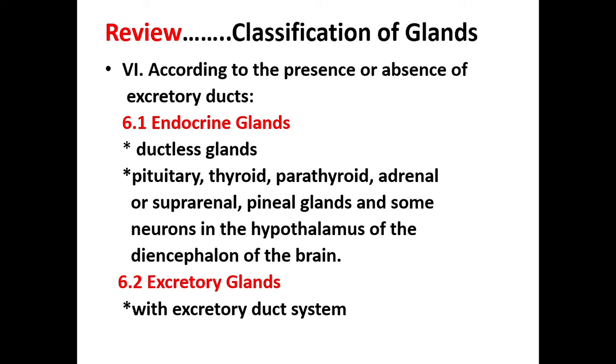Endocrine glands are ductless glands and they are found in the pituitary, thyroid, parathyroid, adrenal or suprarenal glands, pineal gland, and some neurons in the hypothalamus of the diencephalon of the brain. The excretory glands have an excretory duct system.